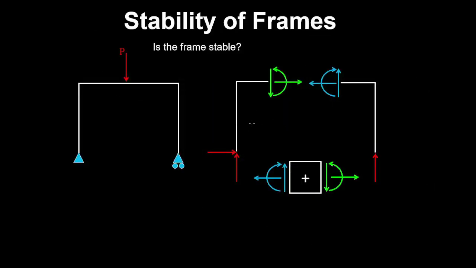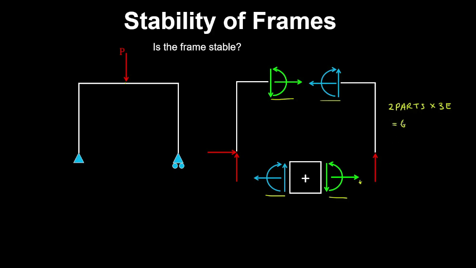To determine if a frame is stable, we can cut it at some point and expose the internal forces in each part of the frame. So from left to right, we use this convention where the tensile axial force is positive, and on this side we use the left hand positive convention. So here we have two parts with 3 equilibrium equations per part.